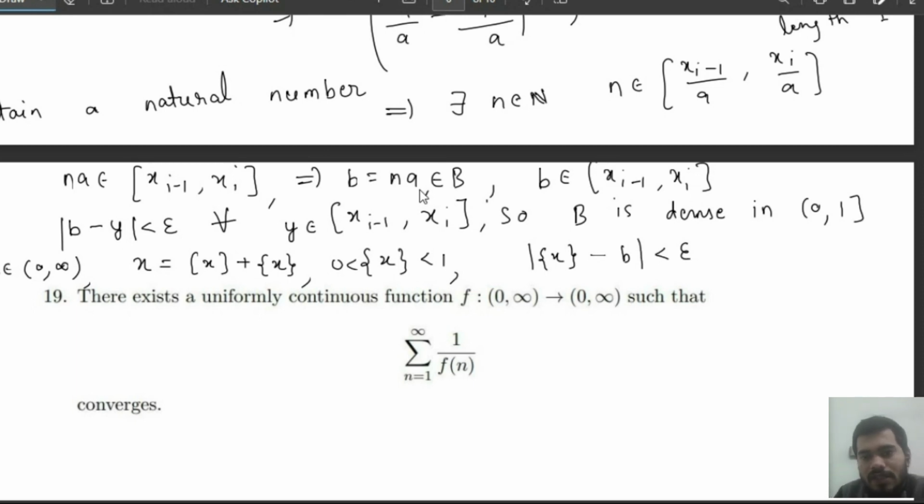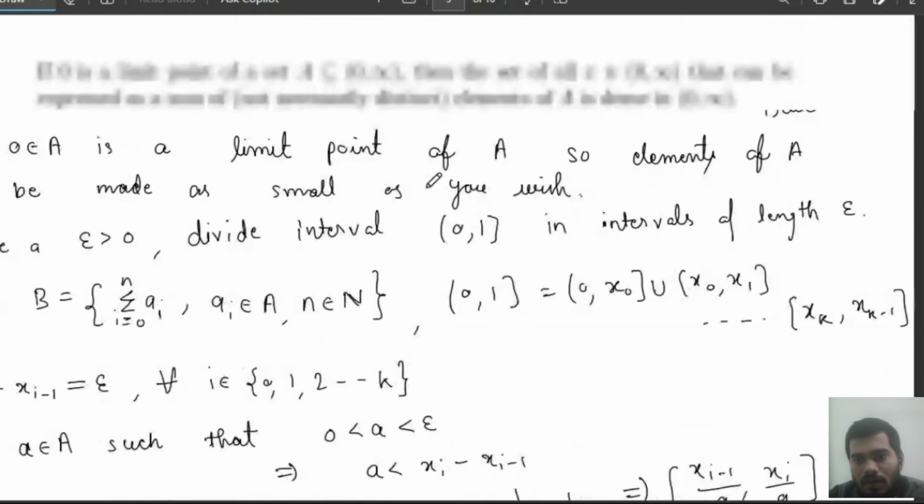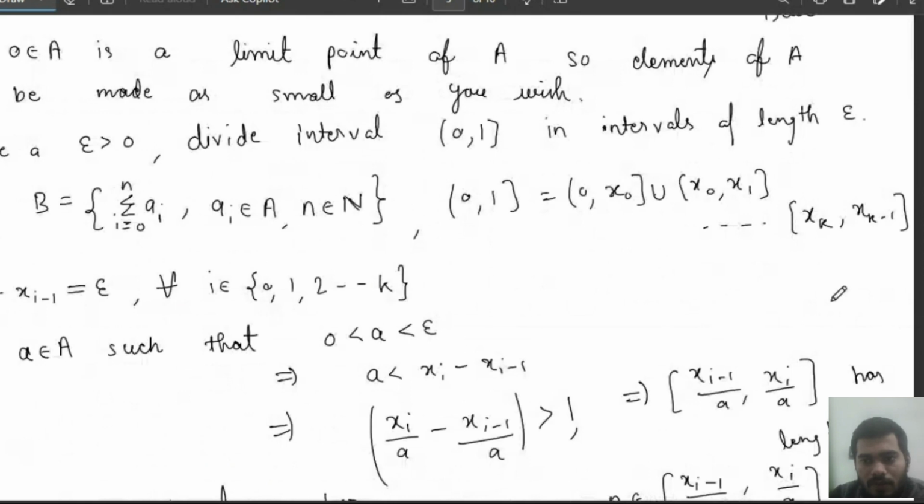Moreover, since 1 also belongs to one of those intervals, the last element will be 1. Sorry, it should be xk minus 1, and it is xk. That xk is actually 1.